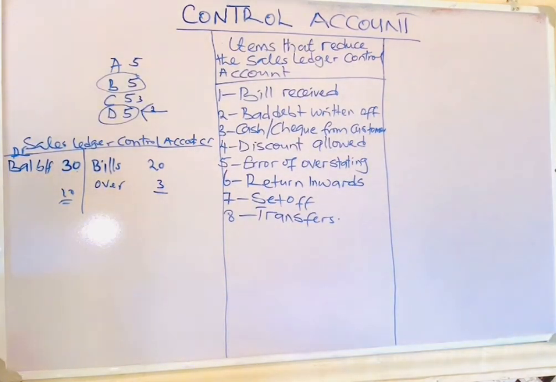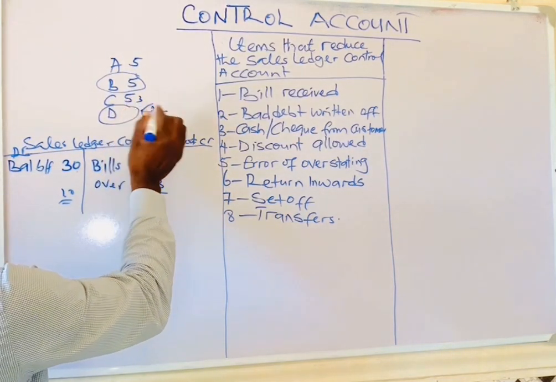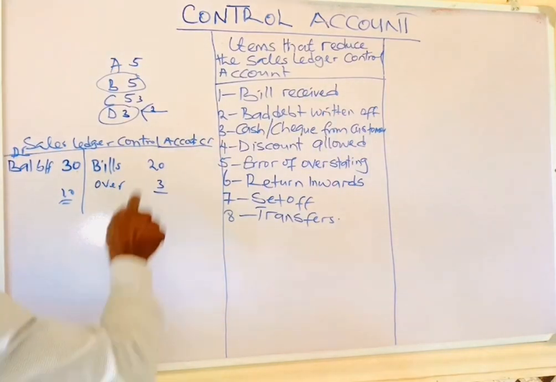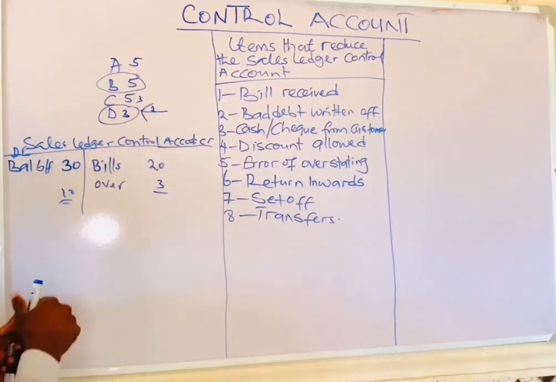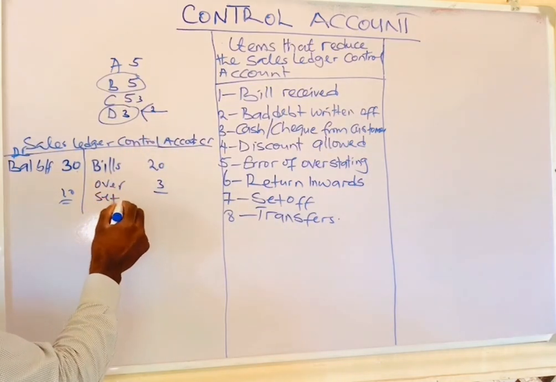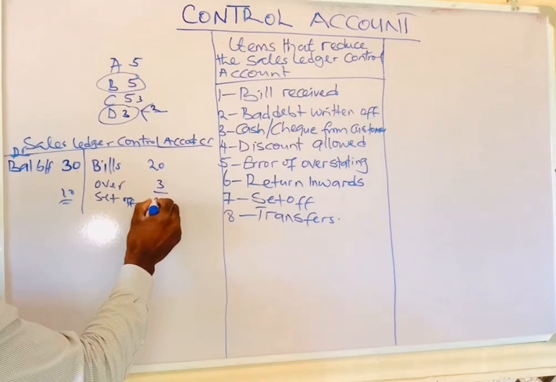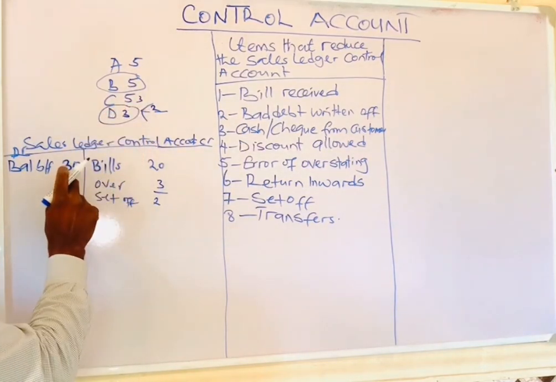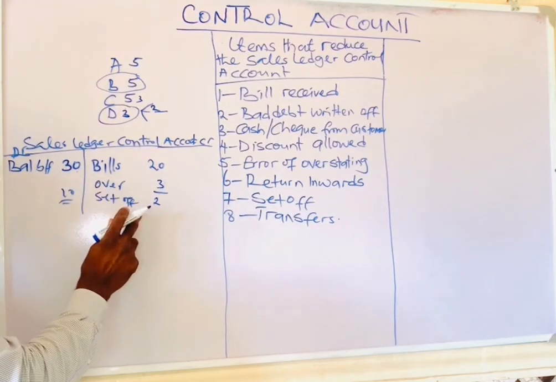Very simple as that. Say the customer will give us $3 instead of $5 because of this set off that we're supposed to pay them. That is set off. The set off will be here, say the $2. So it will affect our balance. It will reduce it because he has set off the balance.